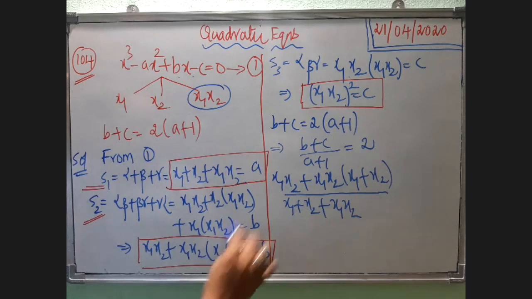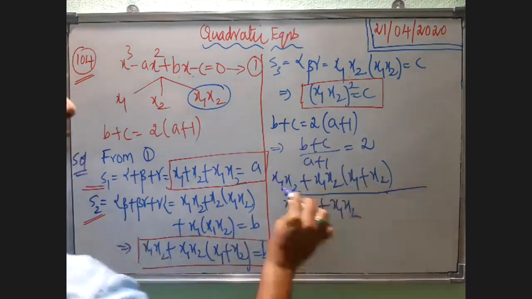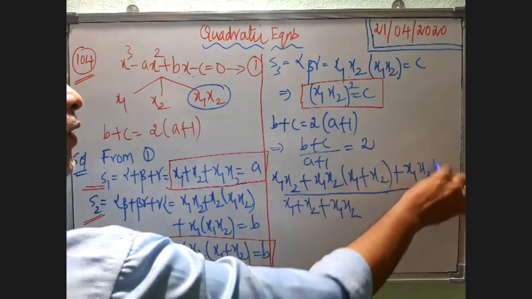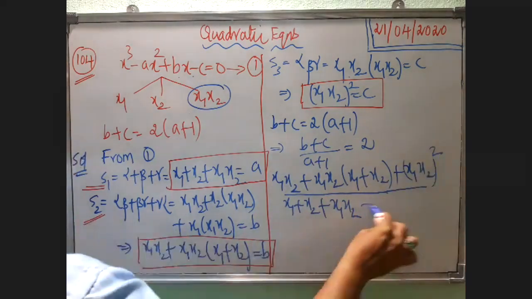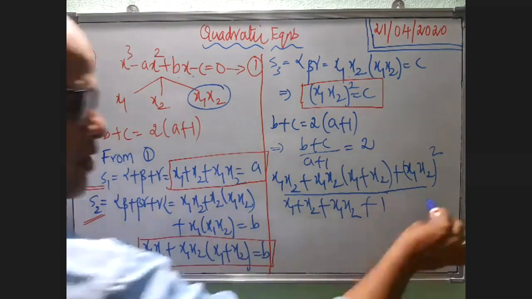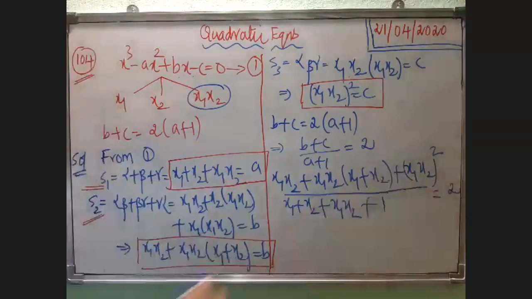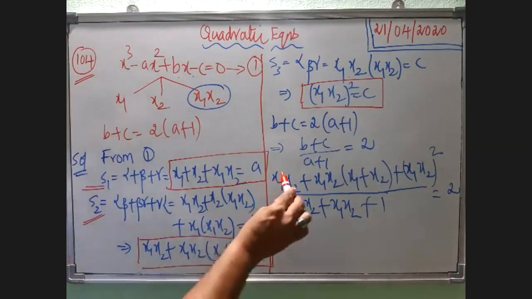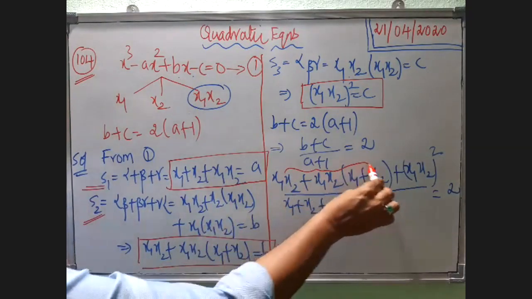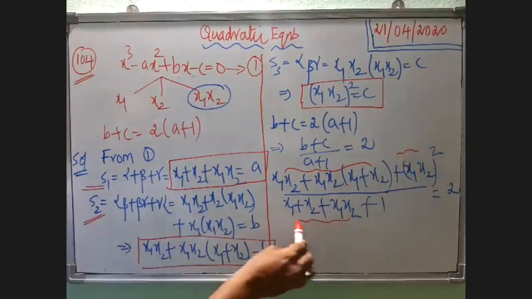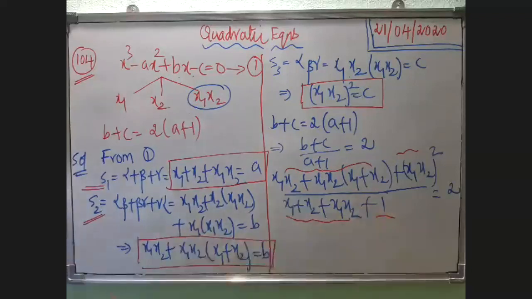What about c? c value is x1 x2 whole square. So b plus c by a plus 1, this value is given as 2. So what is the value of b? This is the b value, this is the c value, this is the a value, and here it is 1.